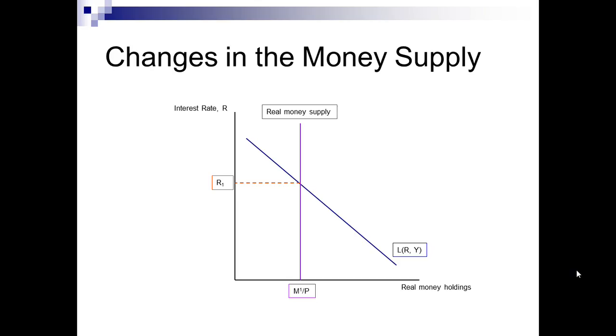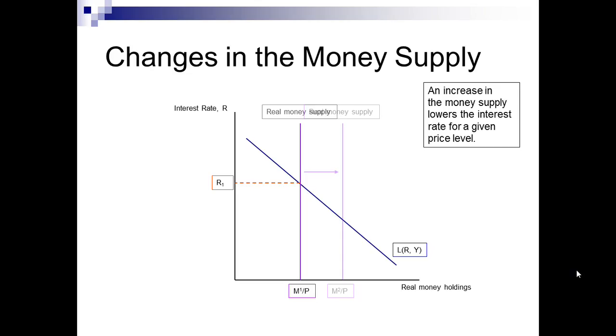It would be represented by a right shift of the real money supply curve. And given the new real money supply curve, there's a new intersection between it and the real money demand curve, and we see the interest rate go down.